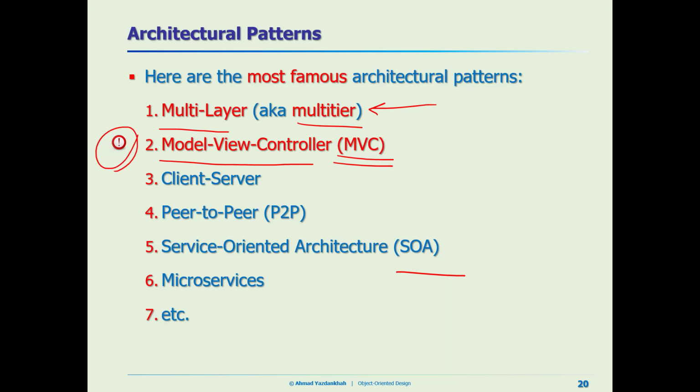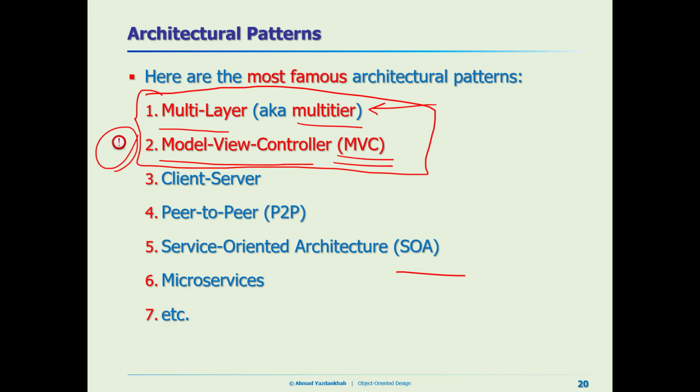And in this course, we will introduce these two, and we leave the rest of them hopefully for the software engineering course. Okay, so now we know what the architectural pattern is, and we know what types of architectural patterns we have.